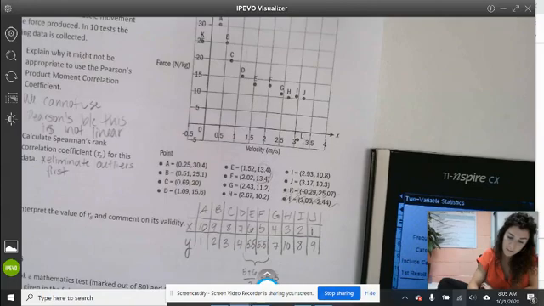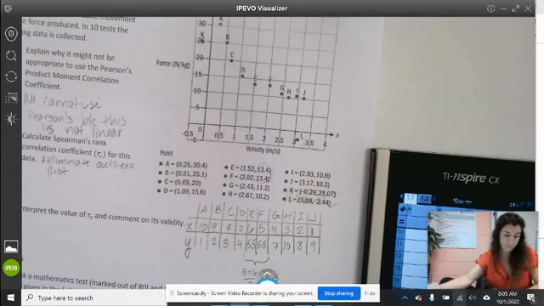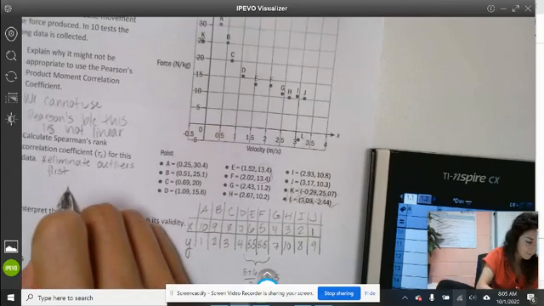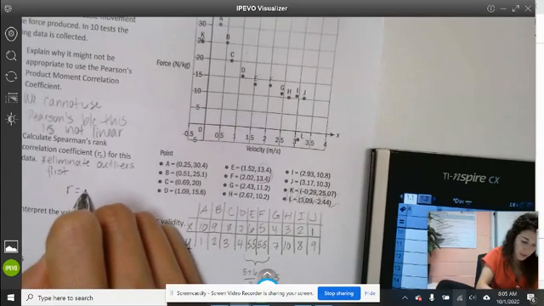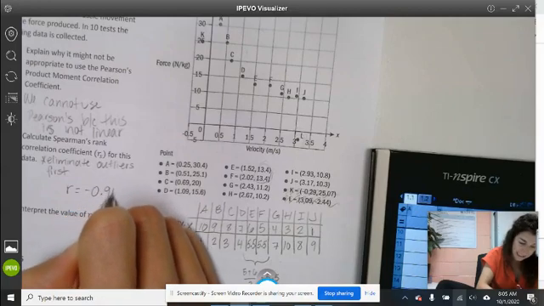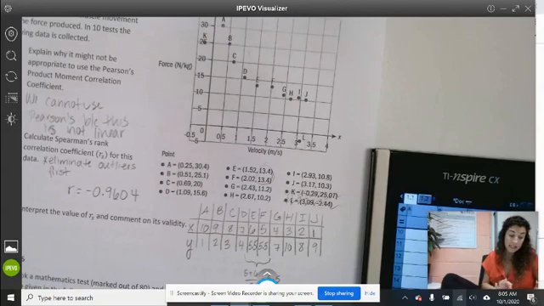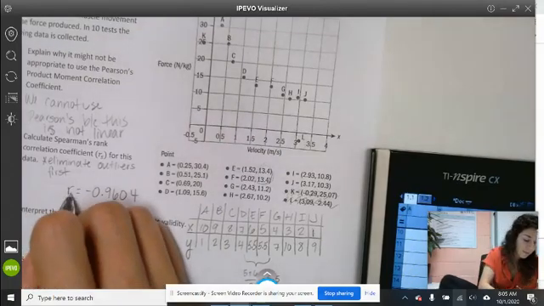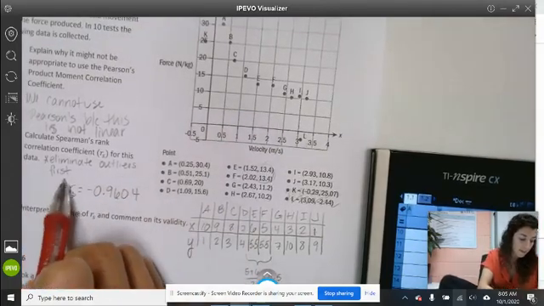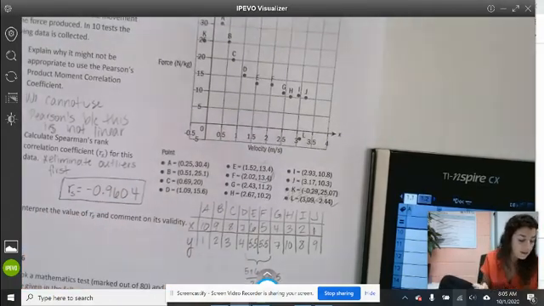A for here, E for here, place it into C, and then I'm going to find my R. R is equal to negative 0.9604. It just says to calculate the coefficient, and so that's all we've done. Oh, make sure to put an S down there at the bottom because this is Spearman's and not Pearson's.